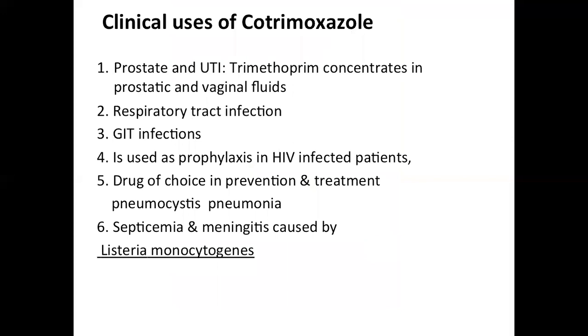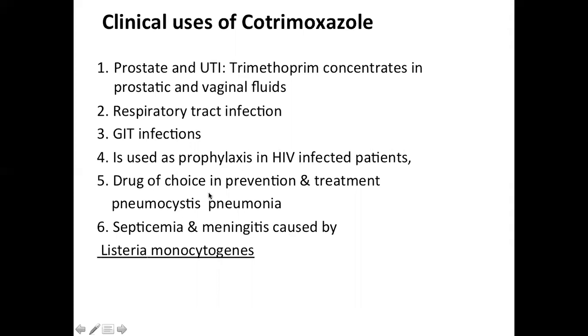So regarding the clinical uses of this drug, we can say it's used in prostate and urinary tract infections. And also it's used in respiratory tract infections, gastrointestinal tract infections. Also it's used in the prophylaxis in HIV infected patients.